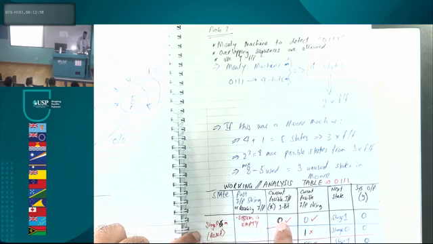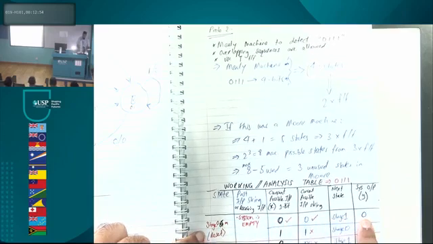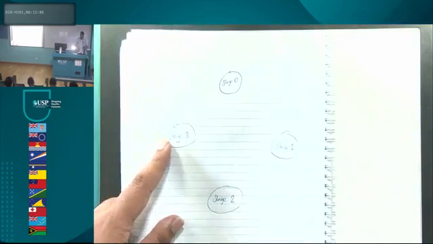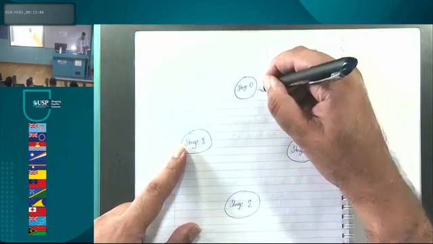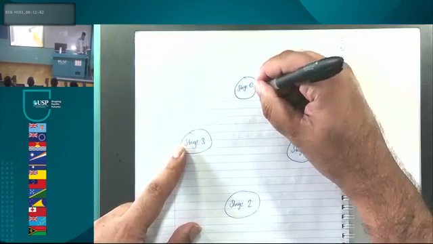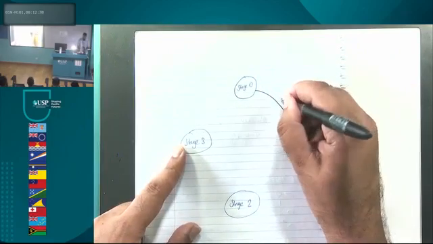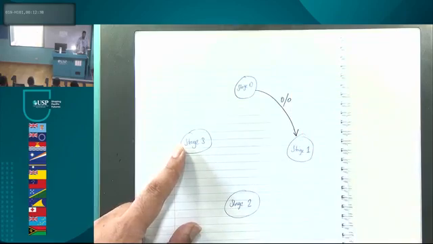When we were on stage 0, input was 0, output was 0. And where did it go to? Stage 1, right? Stage 0, input was 0. It went to stage 1. Input was 0, output was 0. Is that okay?